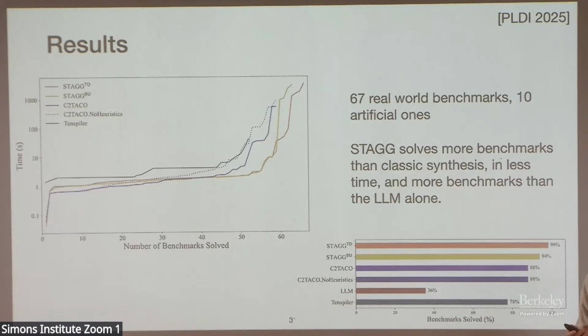As an example, some of these benchmarks come from Llama. Do they include all the TenSpiler benchmarks? Yes, I think so. We've got 67 real world benchmarks, and 10 artificial ones, which we added simply because they were challenging. They had a bunch of nested parentheses in them.